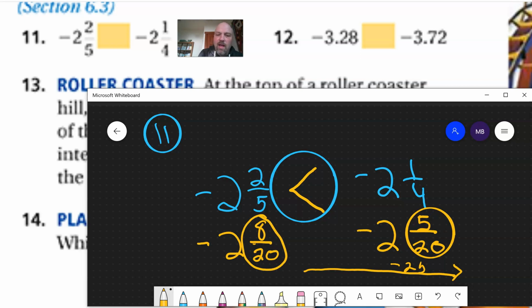So two things you have to be careful of. First, find the common denominator, and then remember that you're talking about the other side of 0. 0's over here. So -5/20 is going to be here, and -8/20 is going to be there. So that's something to be careful of.